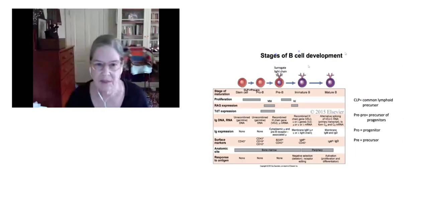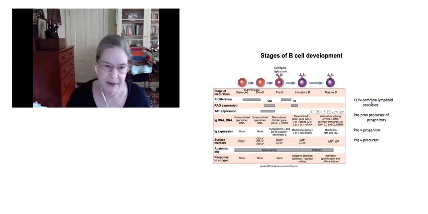So what happens in the stages of B cell development in the bone marrow then is that you have a stem cell, then you have a common lymphoid precursor, that's what CLP stands for, then you have a precursor of a progenitor, and when you get to that stage, you finally become a pro-B cell, and you'll turn on these genes that will allow for DJ and then VDJ joining.